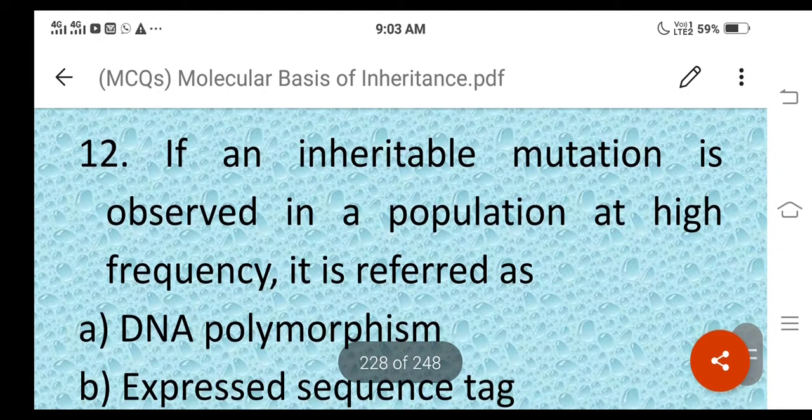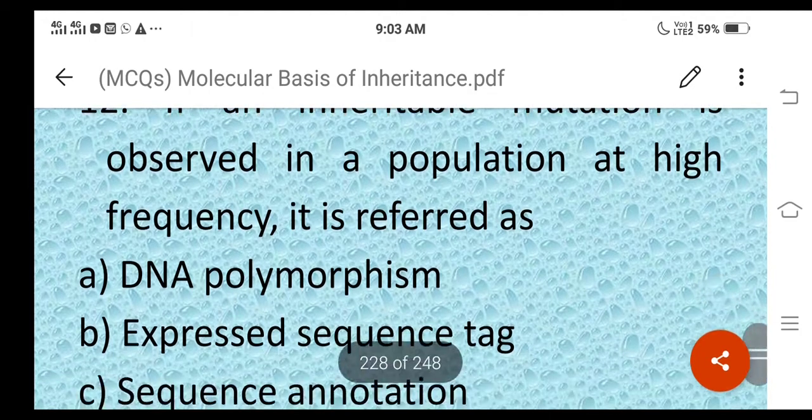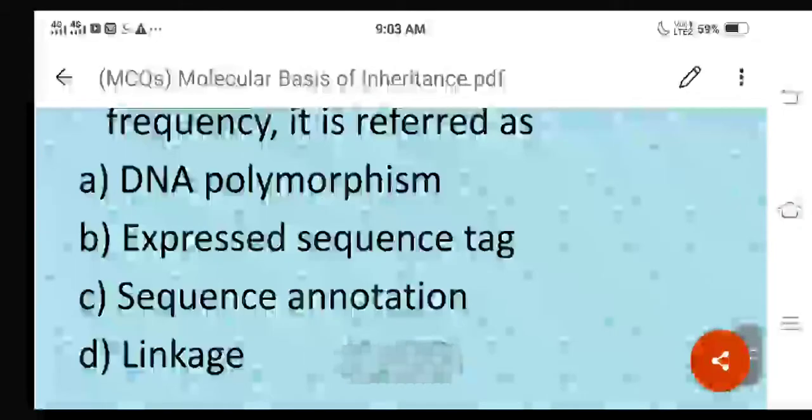Then let us move on to the next question, question number 12. If an inheritable mutation is observed in a population at high frequency, it is referred to as DNA polymorphism, then expressed sequence tags, then sequence annotation, then linkage.